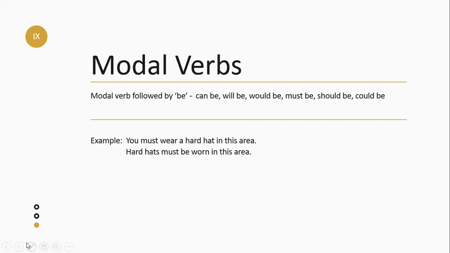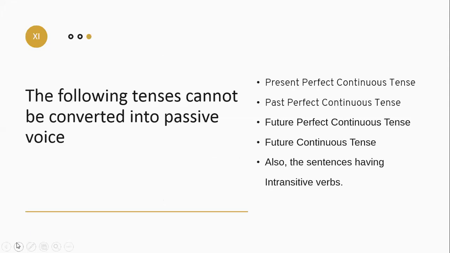Okay. And then, you know that in active voice sentences, we have 12 categories, right? So we have the subject, verb, object. We have simple tenses, continuous tenses, perfect tenses, perfect continuous tenses.